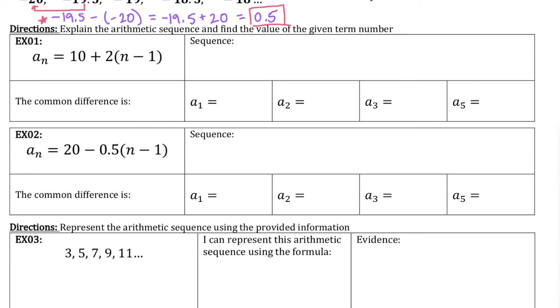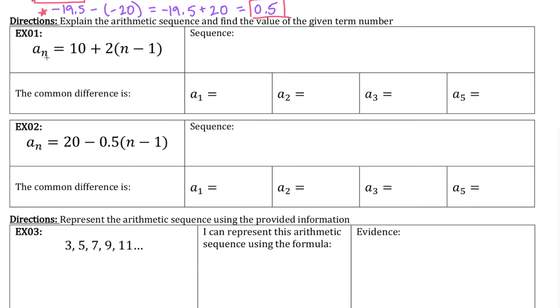So let's look at example number 1. It says a sub n equals 10 plus 2 times n minus 1. So right here, this common difference is positive 2. You can just put 2 if you want. And we start off with a 10.